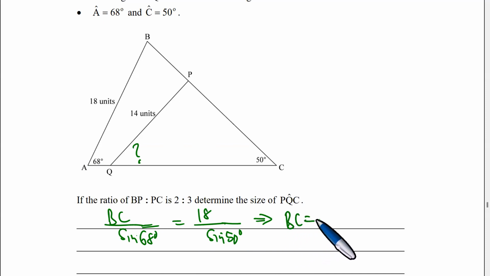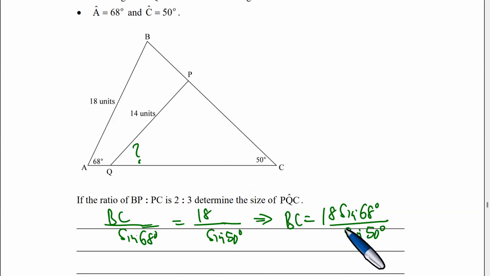So you have BC, which is 18 the sine of 68 degrees, divided by the sine of 50 degrees. Like so. Right, so we have been able to get BC.